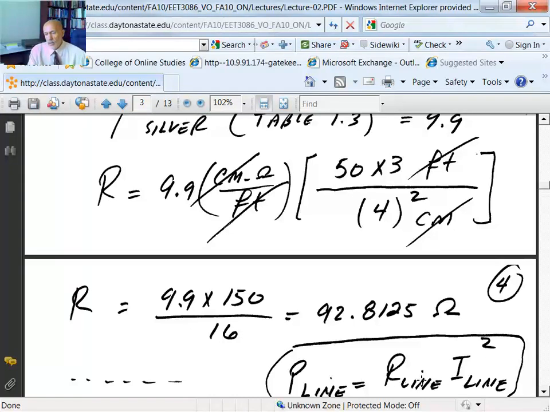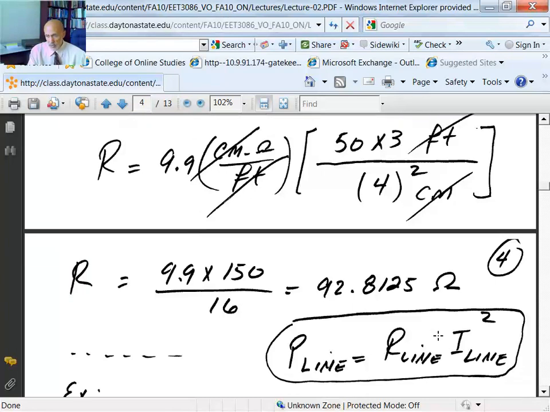We're going to see later in the next chapter that the power is dissipated as heat, and the heat is always equal to the current of the line squared times the resistance of the line. So you want to minimize the resistance, because you have no control over the current, since a certain load will require a certain current to operate it.